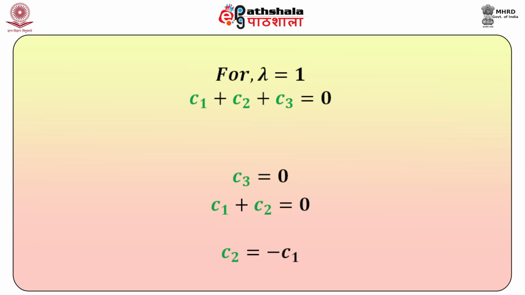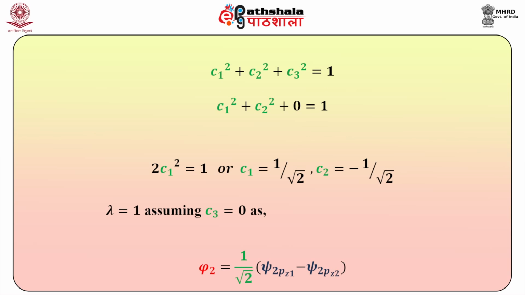Similarly, we can also calculate the wave functions for lambda equal to 1. So for lambda equal to 1, as you can see, our detailed calculations show that C1 is equal to 1 upon under root 2, and the corresponding value of C2 is equal to -1 upon under root 2.